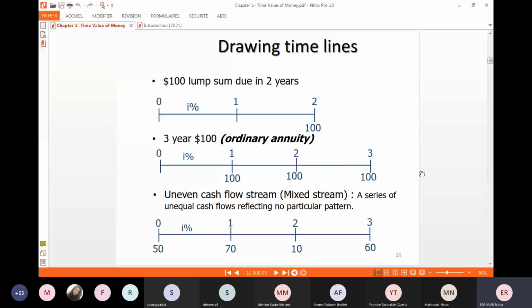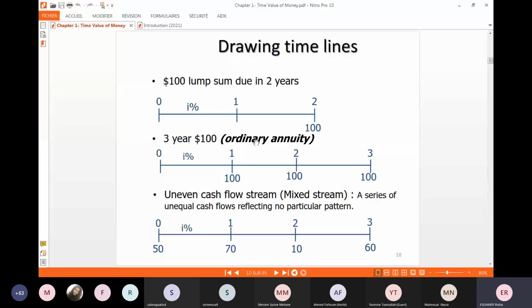In this example, deposited or received at the end of each year, we call it an annuity. And since the amount is received at the end of year 1, end of year 2, end of year 3, the first amount occurs 1 year from now, we call it an ordinary annuity.